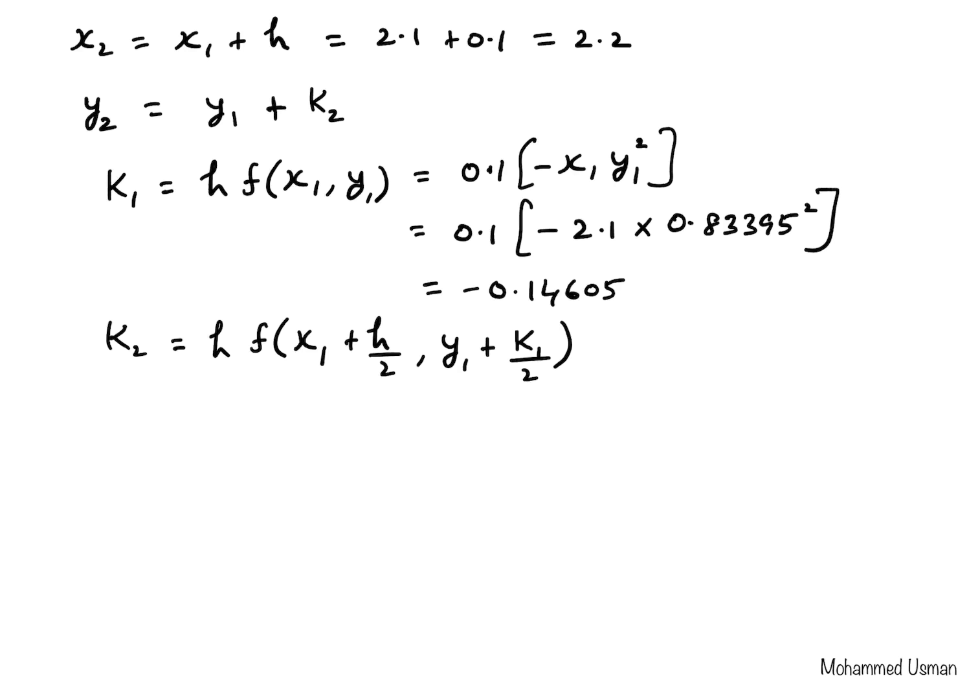So that will be equal to h, which is 0.1, into f of x1, which is 2.1, plus 0.1 by 2, comma, y1, which is 0.83395, plus k1 by 2. Okay, I'm just going to write that in a separate line just to keep things clear.